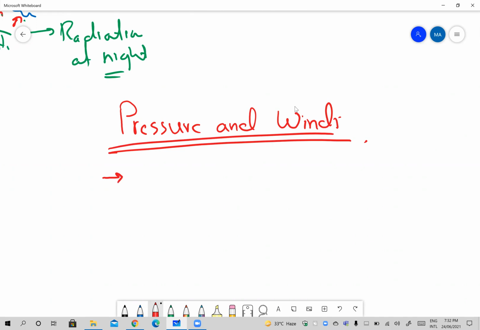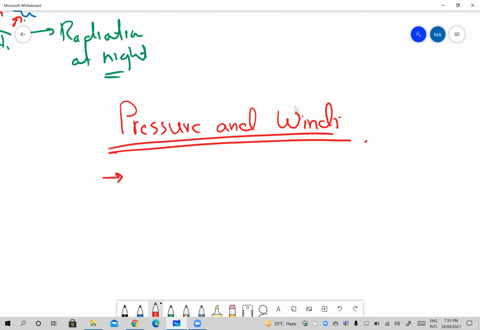Pressure and winds work together to create a specific climate of a certain region. If we just look at the examples here, central Pakistan has a higher temperature generally because the air over there is hotter and rises up.